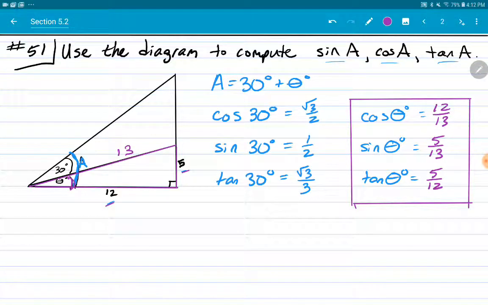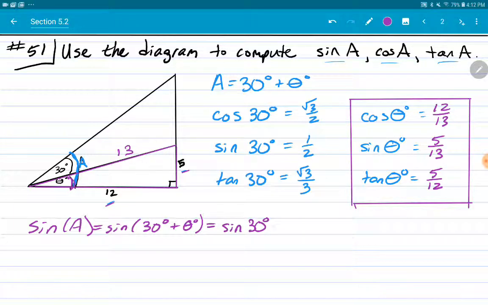So now to apply those identities. Let's do the first one. Sine of A equals the sine of 30 degrees plus theta, which equals, according to the identity, sine of 30 times cosine of theta plus cosine of 30 times sine of theta, which gives me, looking back at my list right here, cosine of 30 is radical 3 over 2.